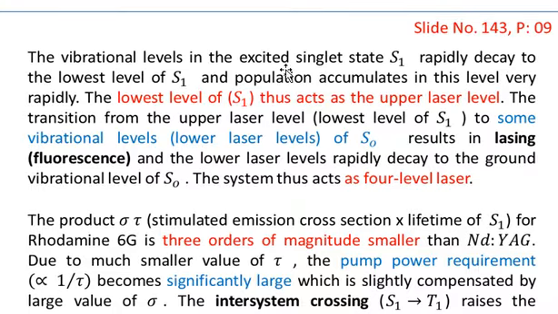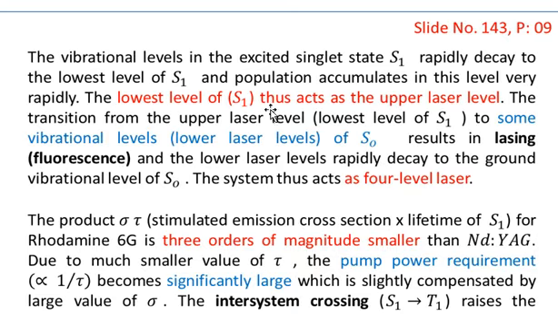The vibrational levels in the excited singlet state S1 rapidly decay to the lowest level of S1, and the population accumulates in this level very rapidly. That is, in the lowest vibrational level of the singlet S1 state, the population gathers.